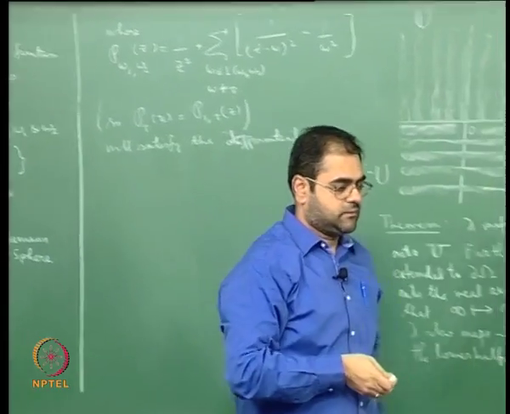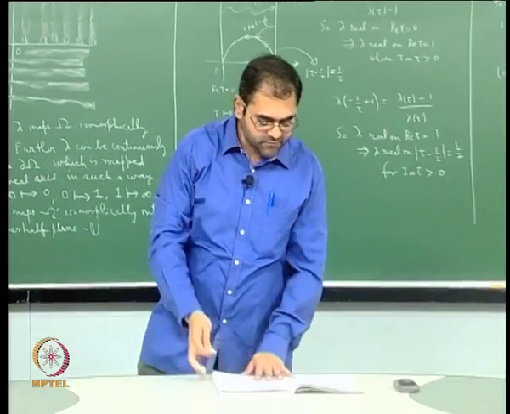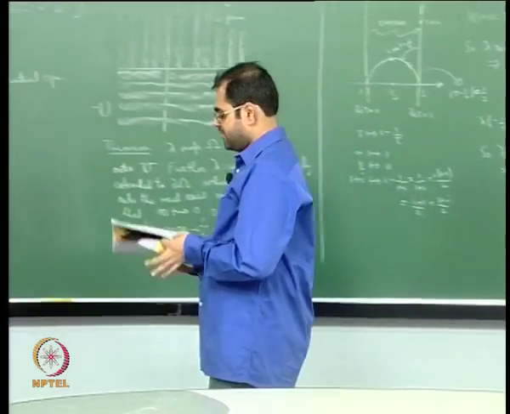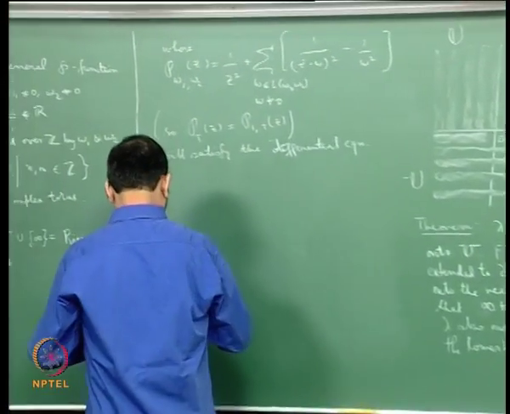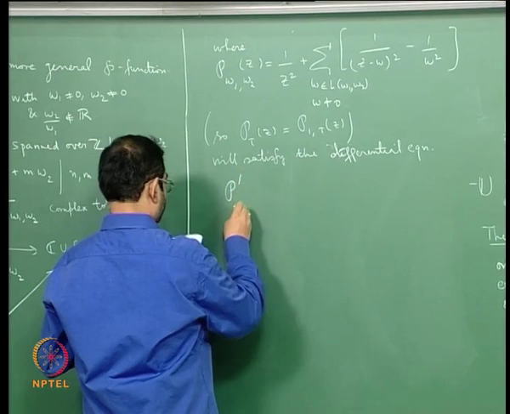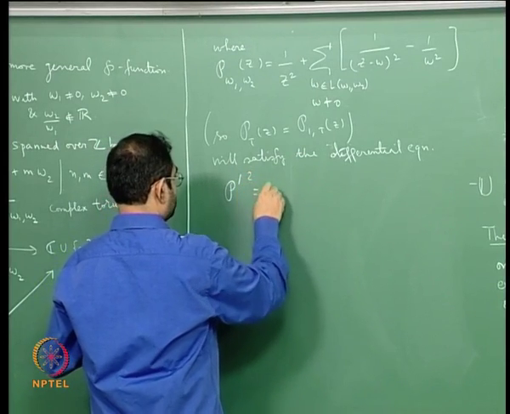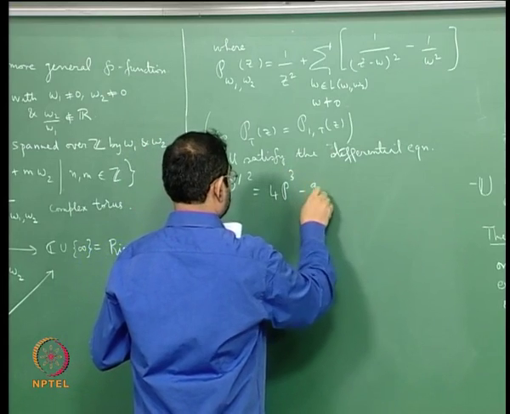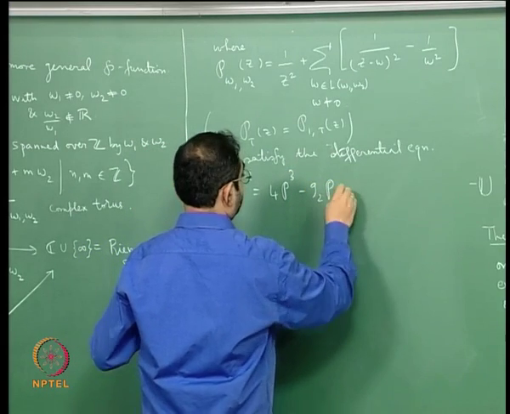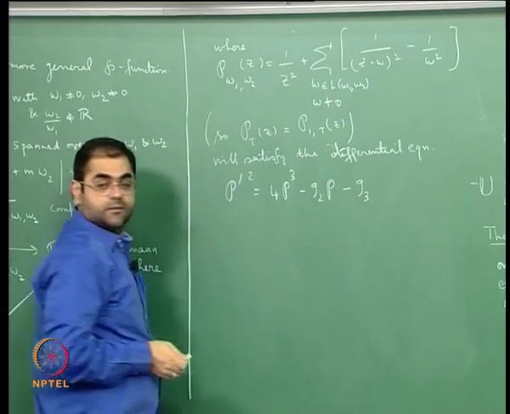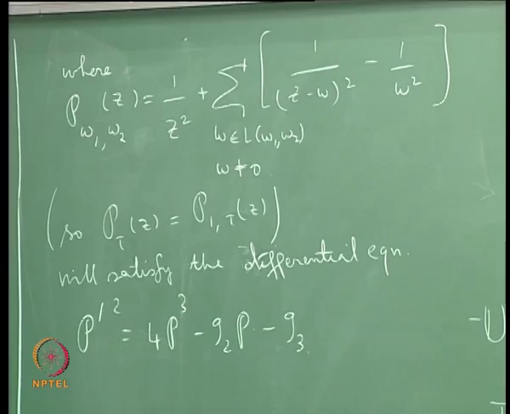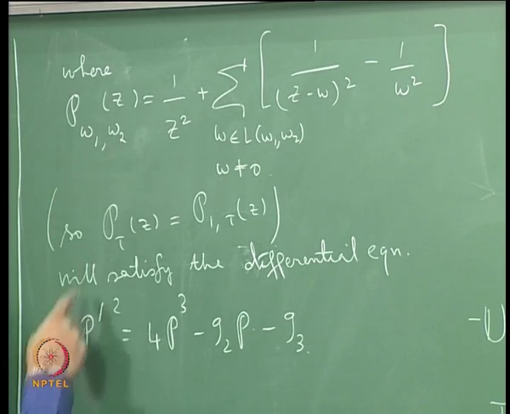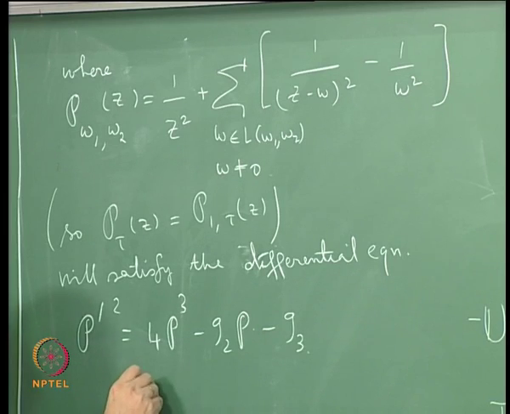It is literally the same differential equation that we had earlier: p phi prime squared is equal to 4 phi cubed minus g2 phi minus g3. You are going to get the same differential equation, okay, where of course this phi is phi sub omega 1 comma omega 2.